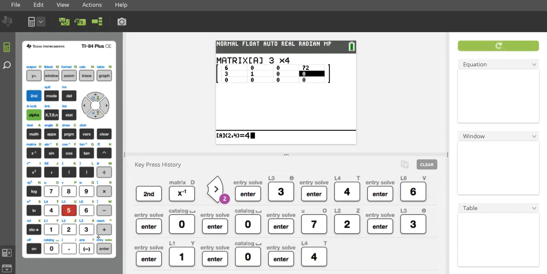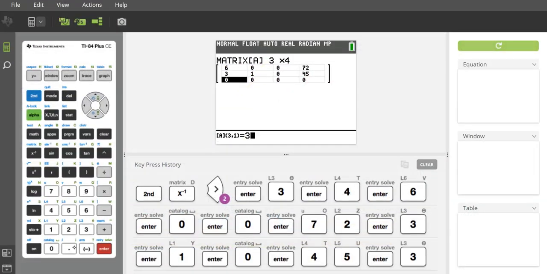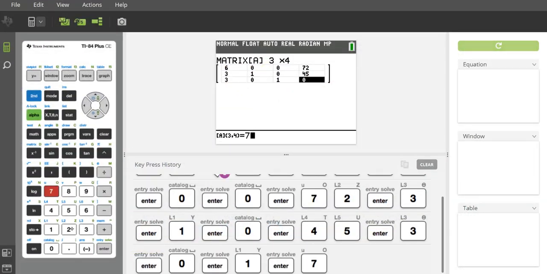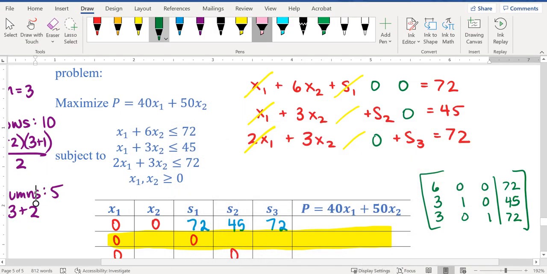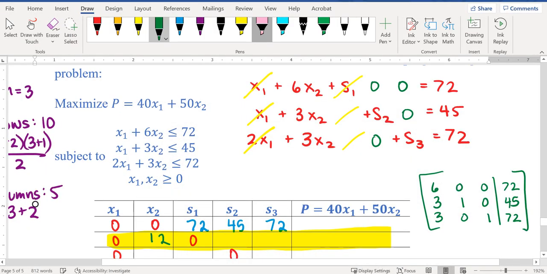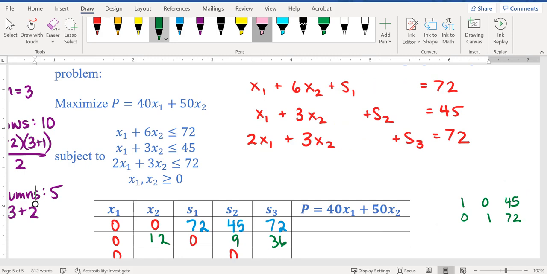And the last row, 3, 0, 1, 72. My solution is 12, 9, 36. And you keep doing that way many more times. We're going to do it 8 more times.